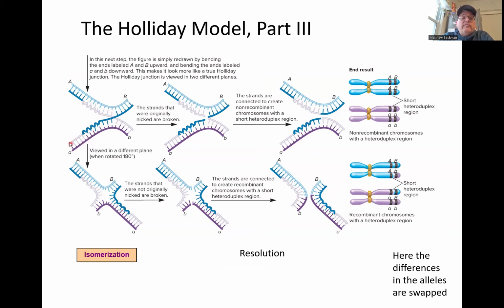But in the middle, we would have little a, little b, except there's been some exchange of information, okay? So that's how we get the shuffling of the genetic deck of cards, is that during this crossing over, each of the chromosomes can contribute their own alleles, and we can end up with these hybrid chromosomes at the end in the sperm and the egg at the end of meiosis.